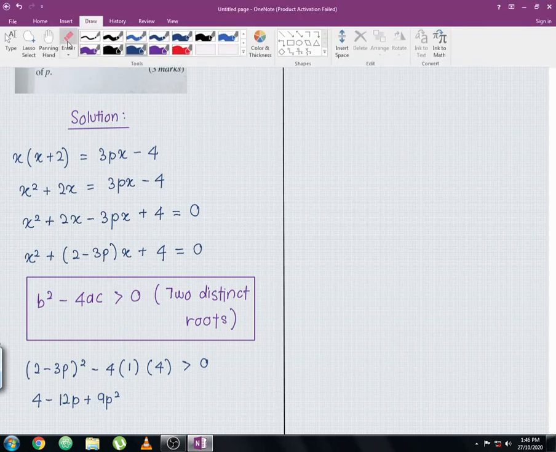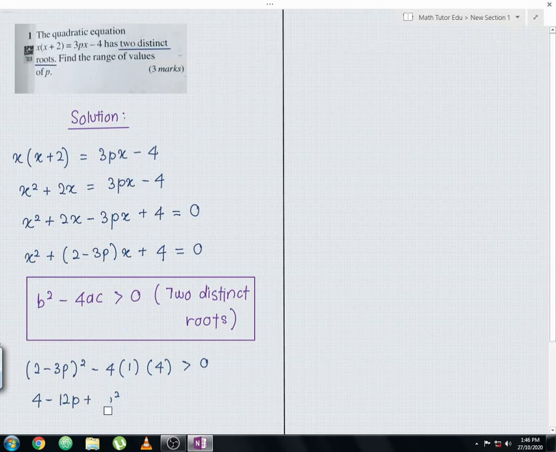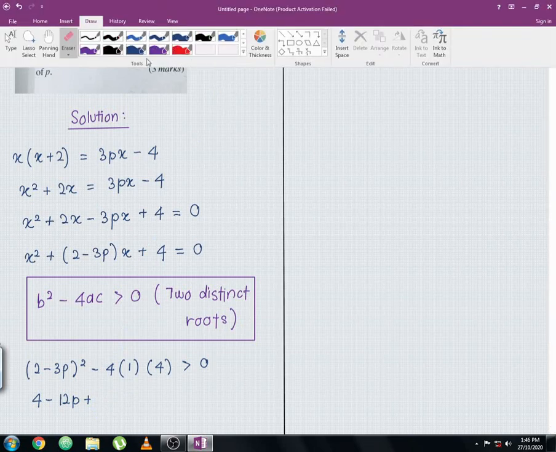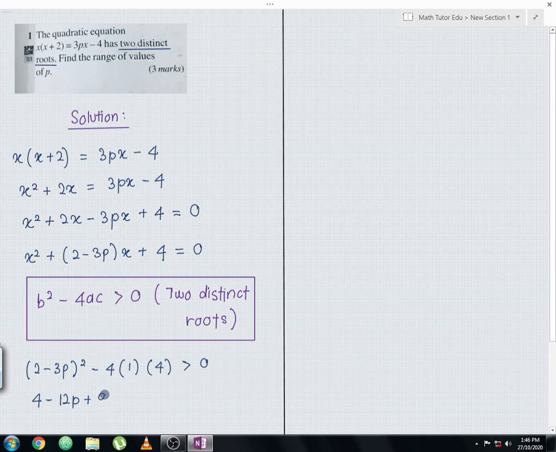Okay, let me write it properly. 9p squared - 16 > 0. Okay, so let me continue my working over here. So from here, 4 - 16 you should get is negative 12. Okay, this negative 12p and 9p squared remain the same.